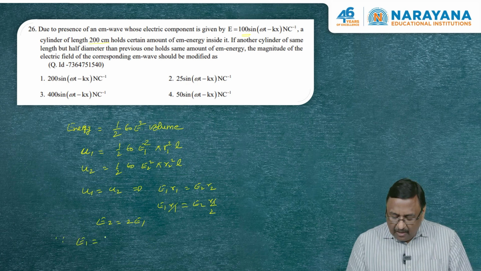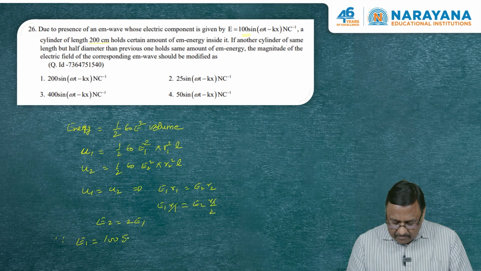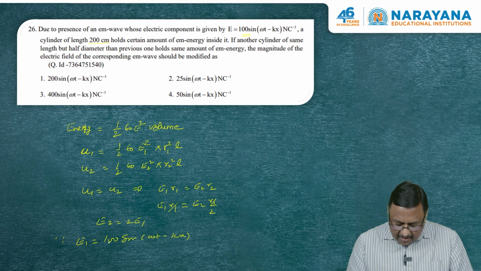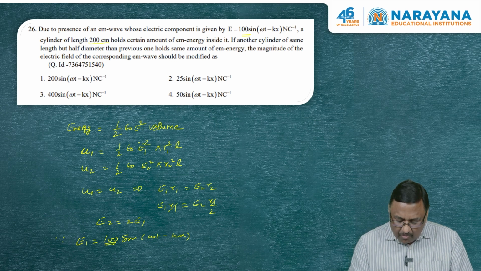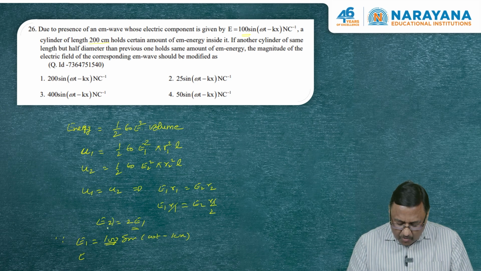E1, this electric field vector, is given to be 100 sine omega t minus kx. Initially, I can write it as E naught 1. So this is all maximum value we are writing, and this is going to be replaced by 2 times E1. So what is my wave represented? I'm writing E2 maximum.